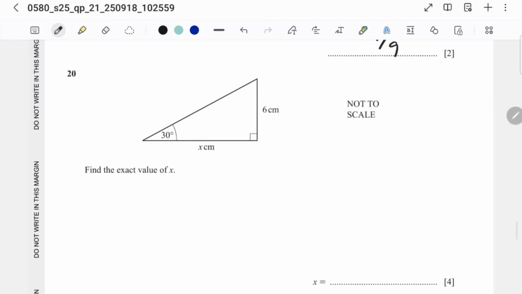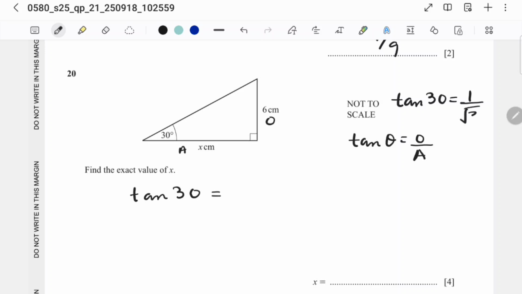Now the next question is trigonometry, question 20. That is asking the value for x. So you can see the tan is applicable because it is adjacent and opposite side. So tan of 30 is equal to O over A. So tan theta is equal to O over A, and tan 30 you must remember, which is equal to 1 upon square root 3.